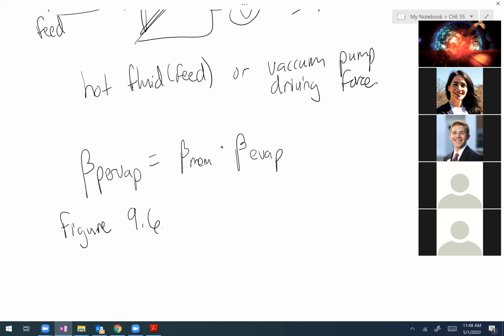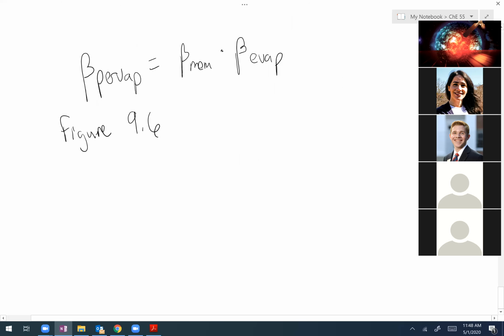We also looked at special cases in this system, like in gas separations, where something is either pressure limited or selectivity limited.